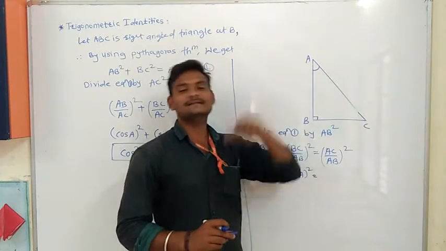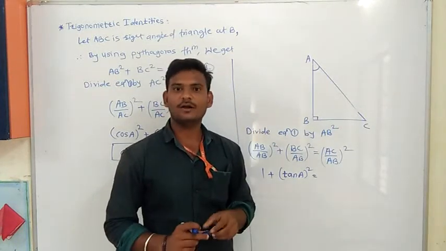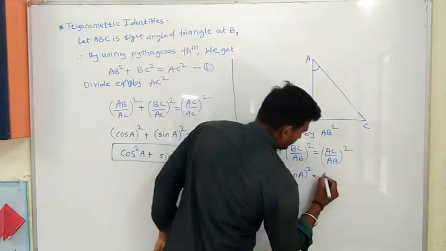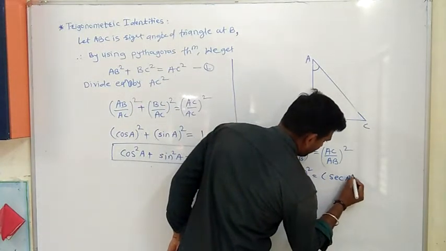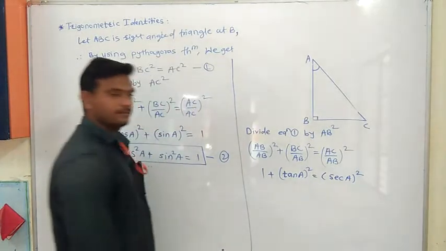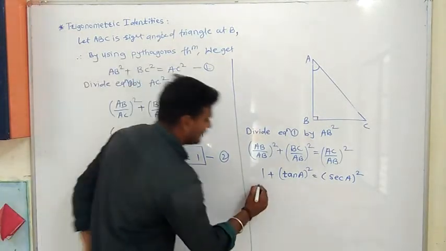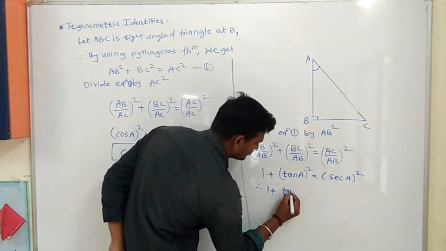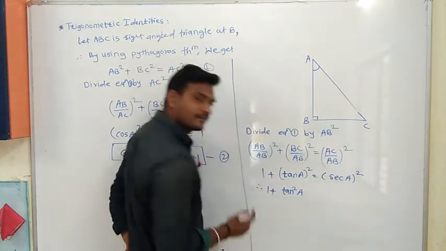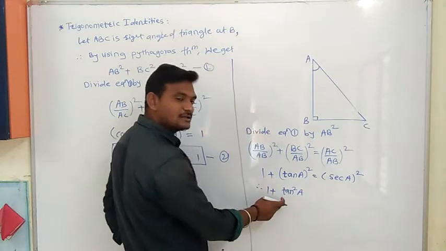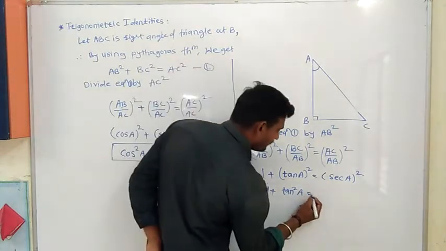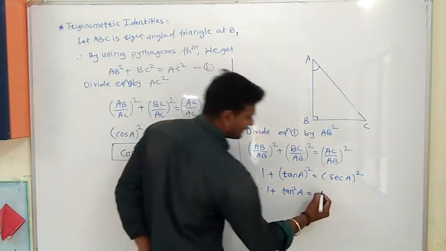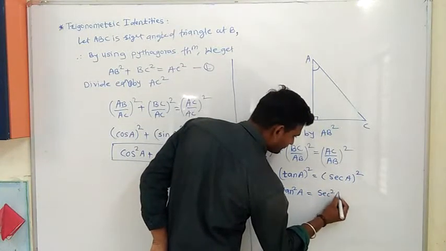Then hypotenuse upon adjacent is the reciprocal of cos, which is sec A. That is (sec A)². Therefore, 1 plus (tan A)², we can also write as tan square A, is equal to (sec A)², which we write as sec square A.